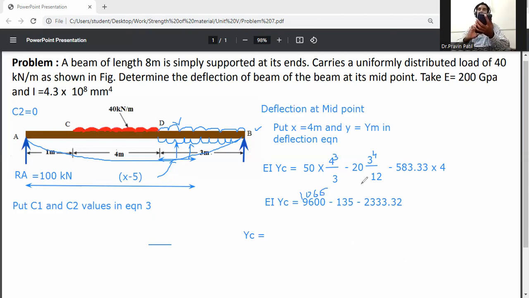So 583.33 into 4 is 2333, and 3 raised to 4 divided by 12 into 20 is 135. So EI yc will be 1066.67 minus 135 minus 233.32.